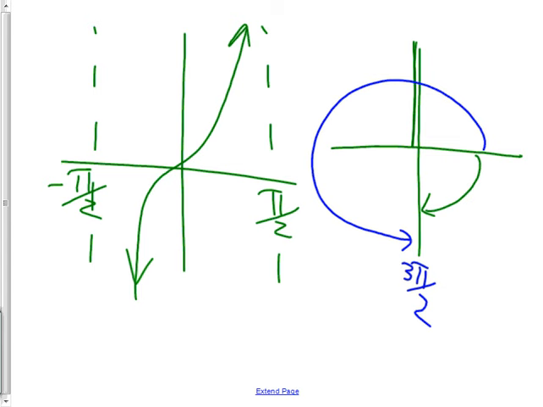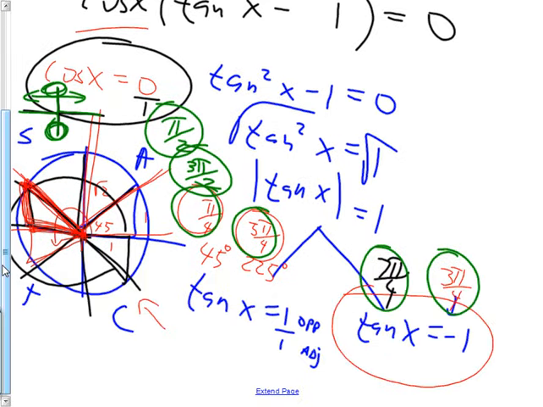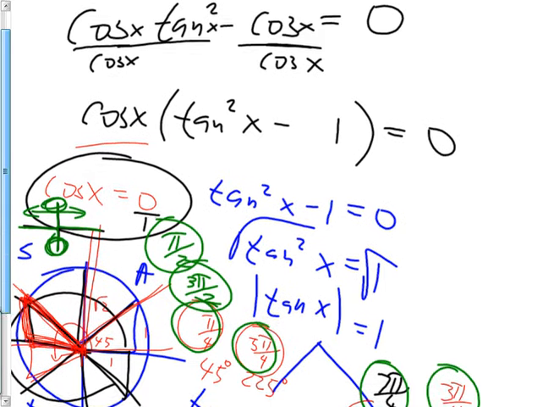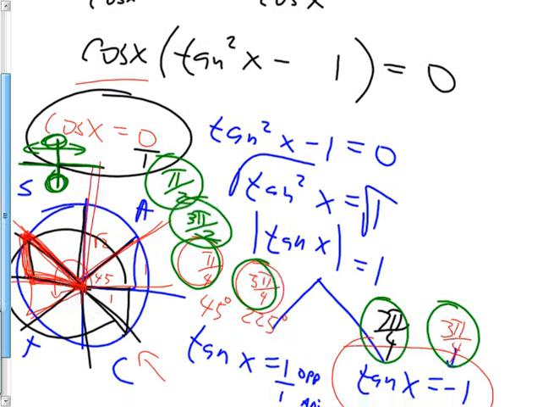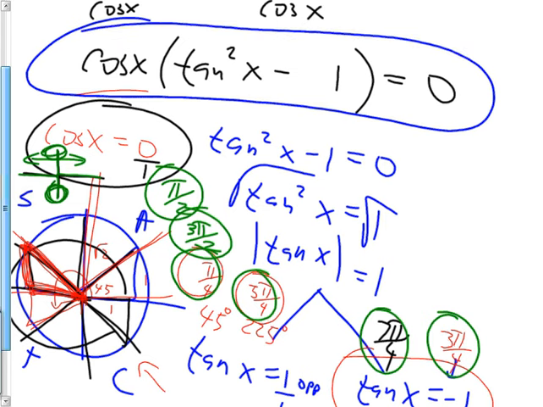Do you get that? Okay, so if we go back to this one, you might be saying, but we weren't solving that one for tangent, we were doing that for some other function. True, but if you go back to the original problem, which was right here, we had it all factored out, and if you use pi over 2 in that problem, you'll be forced to do a tangent of pi over 2.